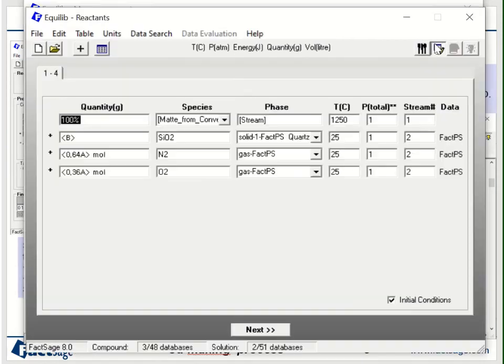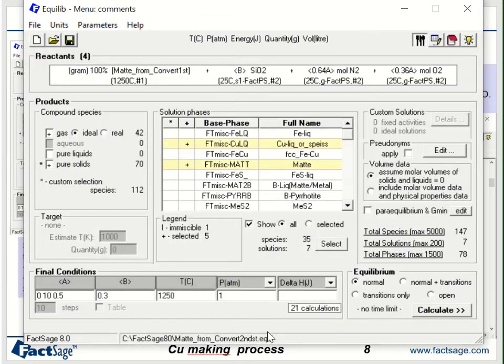So I made, actually, I saved the stream file from the previous calculation at the first stage, and then added a small amount of SiO2, and then N2 and oxygen again from 25 degrees Celsius. Almost the same, except for the met, which is new. Then go next, and I have all the result here.